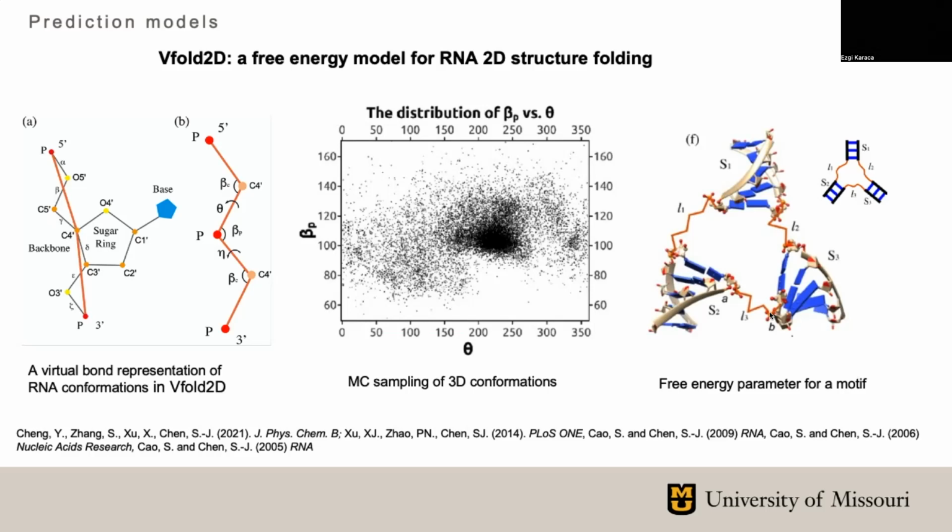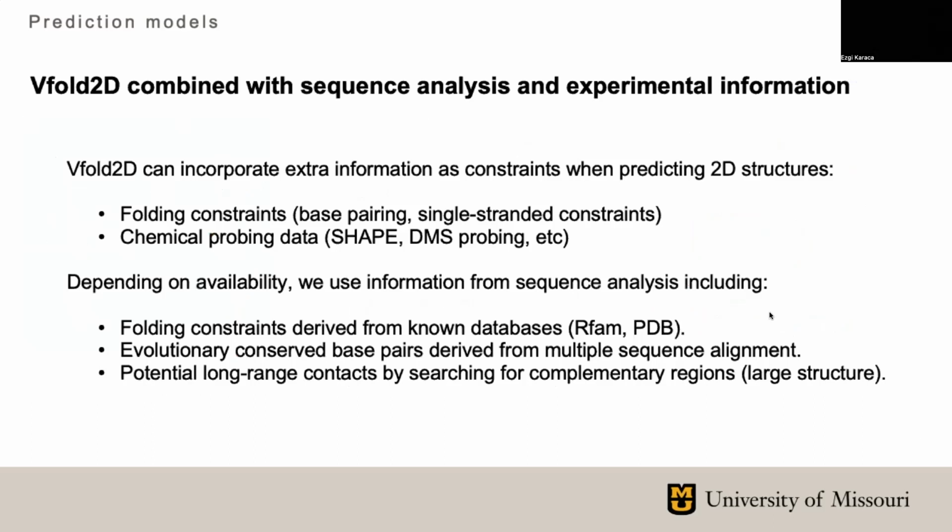From the sampling, we calculated the probability to fold into this structure. Then we converted that into the effective free energy of different motifs, like three-way junctions, pseudoknots, and even kissing loops. So that's the physical model, the Vfold2D model.